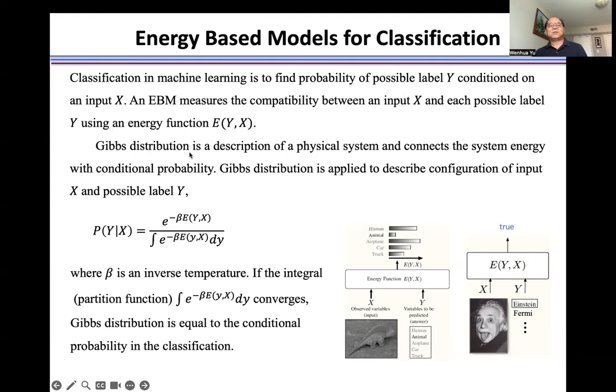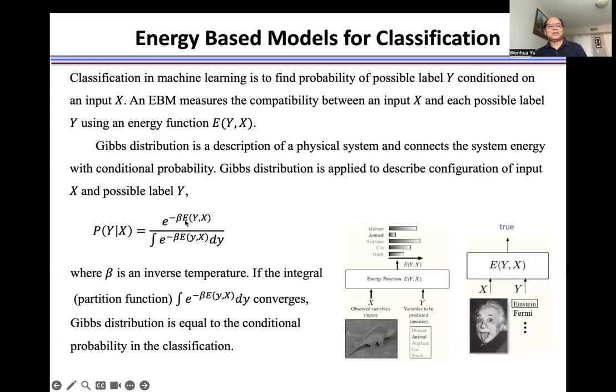The Gibbs distribution originates from physics. It's used to evaluate the status of a physical system. Right now, we use the Gibbs distribution to connect the system energy with the conditional probability. For example, here is a Gibbs distribution.